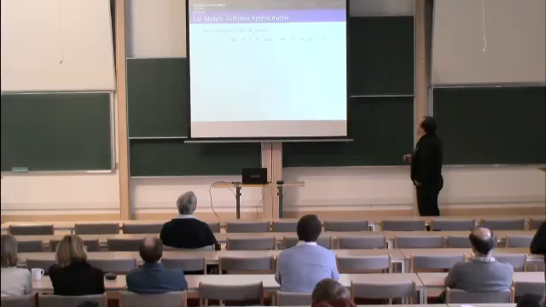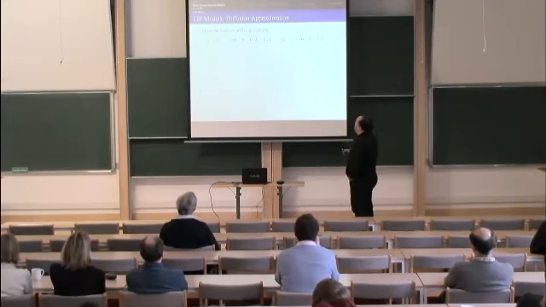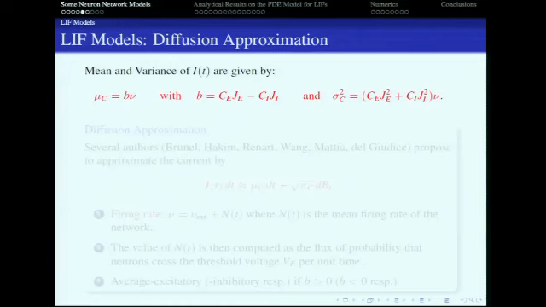So depending on the kind of neuron that you are assuming, or the right combination of neurons that you have in the pool, this b can be positive or negative. Positive is on average excitatory, negative is on average inhibitory. Okay? And then the variance of that process has this form, again in terms of those quantities.